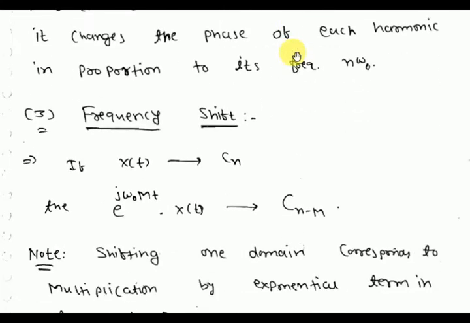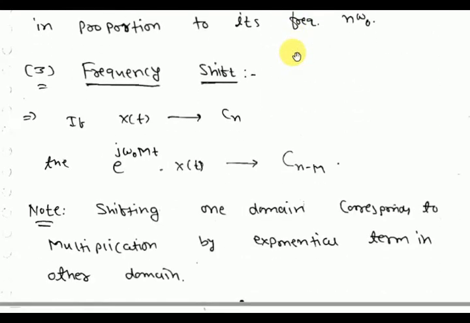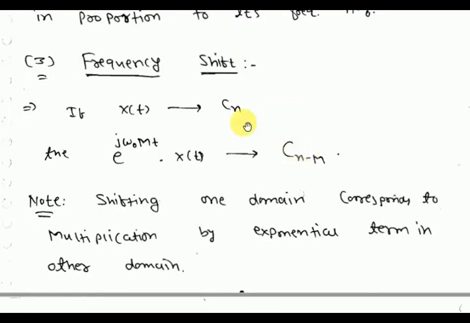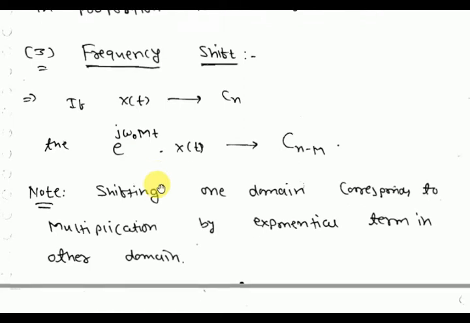Third property is frequency shifting. If x of t has Fourier series coefficient Cn, and you shift in the frequency domain to Cn minus m, it corresponds to multiplication of an exponential term in the time domain with opposite sign: e to the power j omega naught m t into x of t. Here minus m, here plus m. So in time shifting the sign is the same, in frequency shifting the sign is different, so remember this.